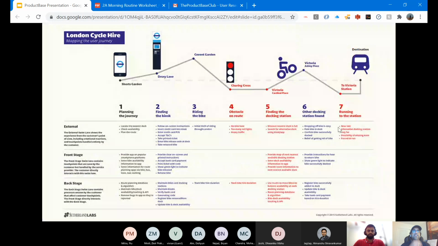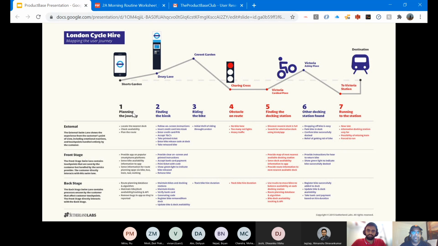So let's take an example of a few things here. This is an example of hiring or renting a cycle in London. And essentially, this is how you would do it.